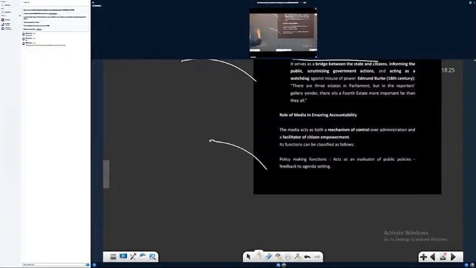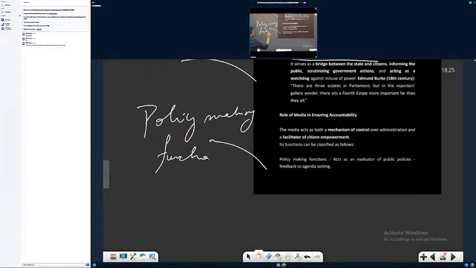First is the policy making function. Policy making function of media. What is this policy making function? How is media making policy?